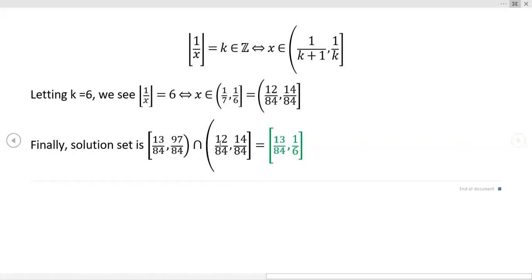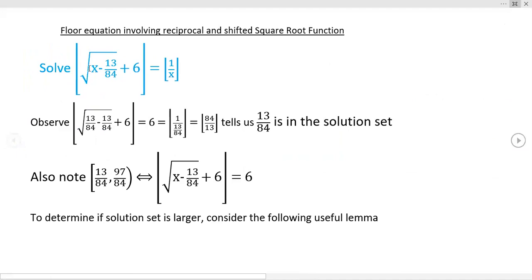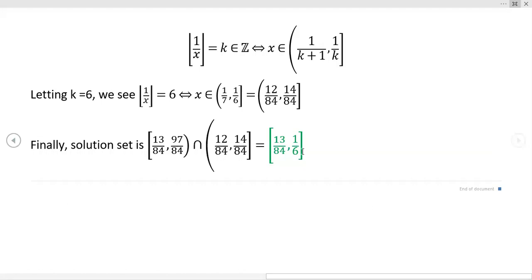You can see clearly that 12 over 84 is a smaller number than 13 over 84. And if you try to put 12 over 84 in right here, you'd be taking the square root of a negative number, and you get imaginary solutions. But in any event, the intersection of these two sets is 13 over 84 to 1 over 6, and that would be the complete solution set.